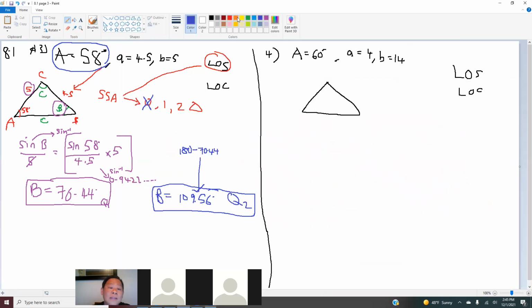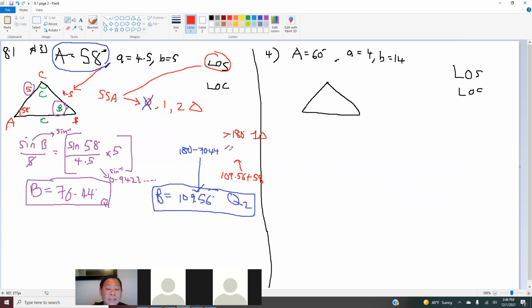So what I mean in this case is you add this number with the angle given in the question, 58. Now, if this sum is more than 180 degrees, then you only get one triangle.